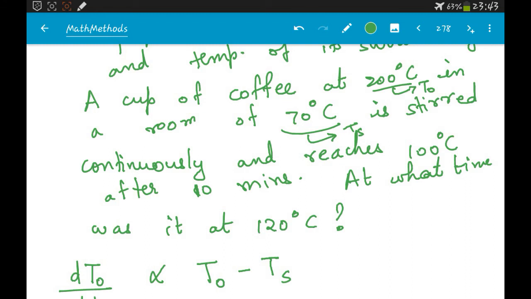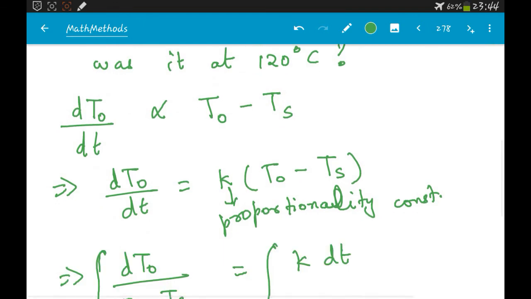So initially these are the temperatures, and after 10 minutes the coffee reaches 100 degrees. So this is T0 at t equal to 10 minutes. So at what time was it at 120 degrees? This is the question.